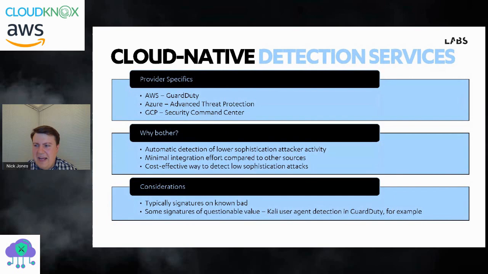We're spotting known bad, things like network communications to known malware command and control addresses. In the case of GuardDuty, it'll detect when someone tries to run AWS API commands from Kali Linux if they haven't changed the user agent, on the basis that obviously everyone using Kali Linux must be bad, so therefore we should be firing alerts for it.